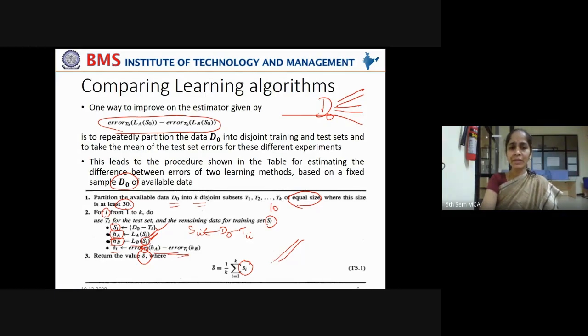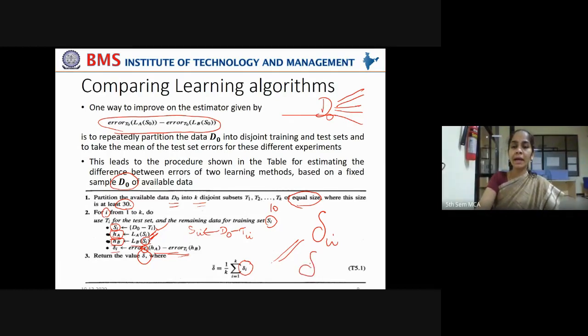Now the error Ti of HA indicates this partition's error with respect to HA, the first learning model, and with respect to HB, the second learning model. The difference between the hypotheses is taken as delta i.